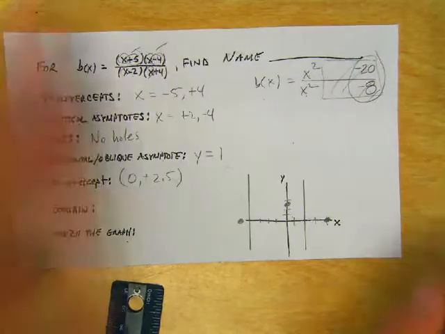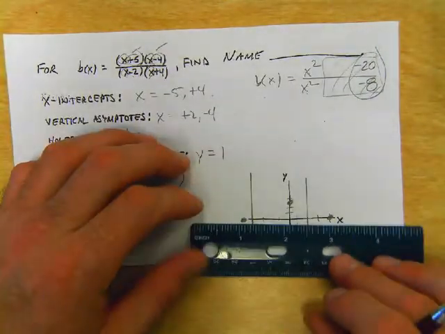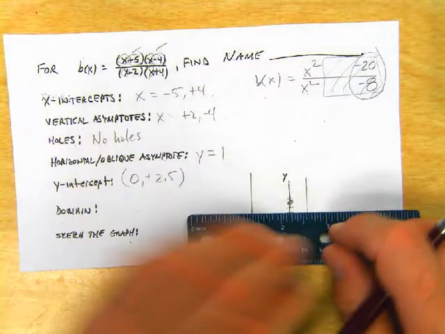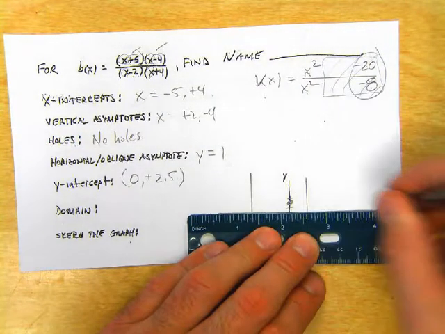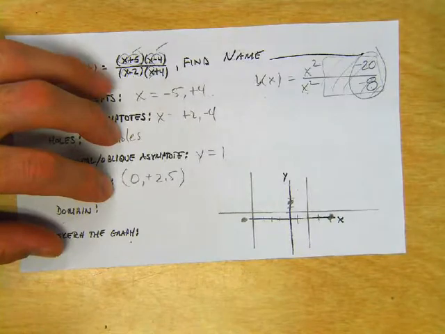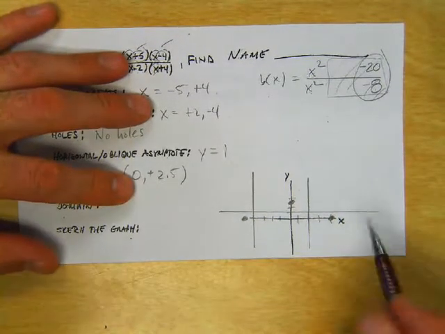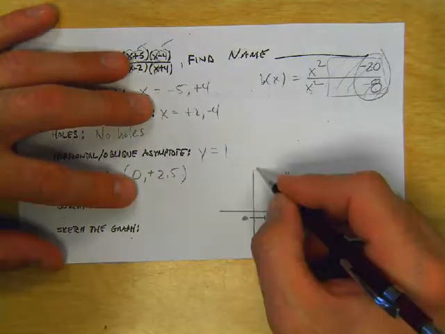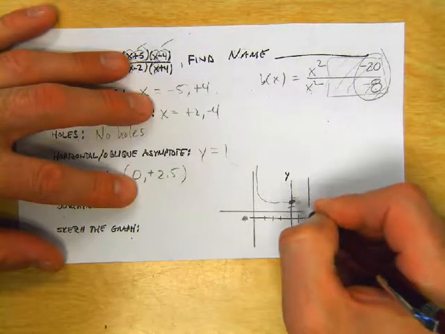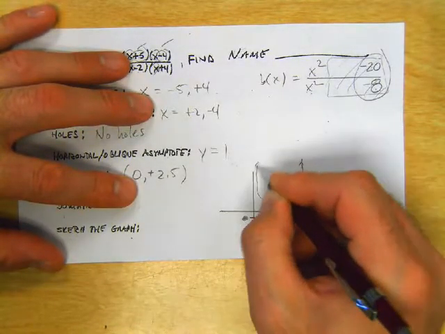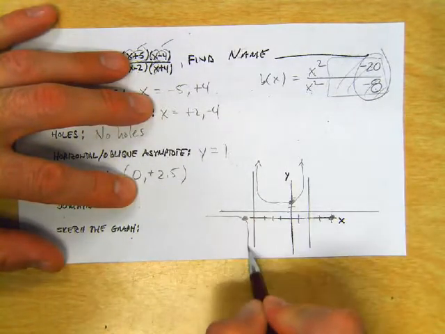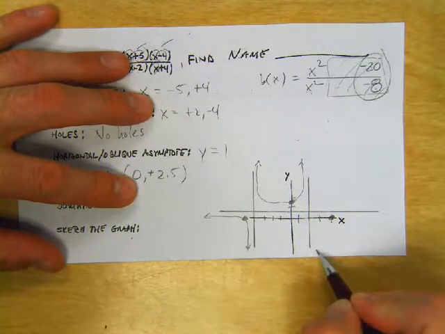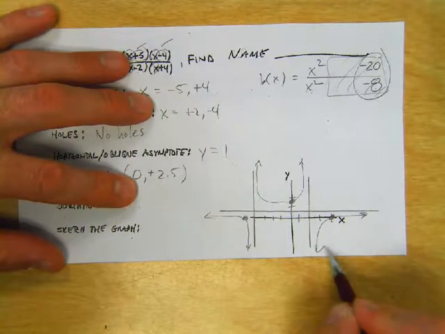And a horizontal asymptote at y equals 1. Now, without graphing, I can guess, based on the intercepts and the asymptotes, that the function must look something like this.